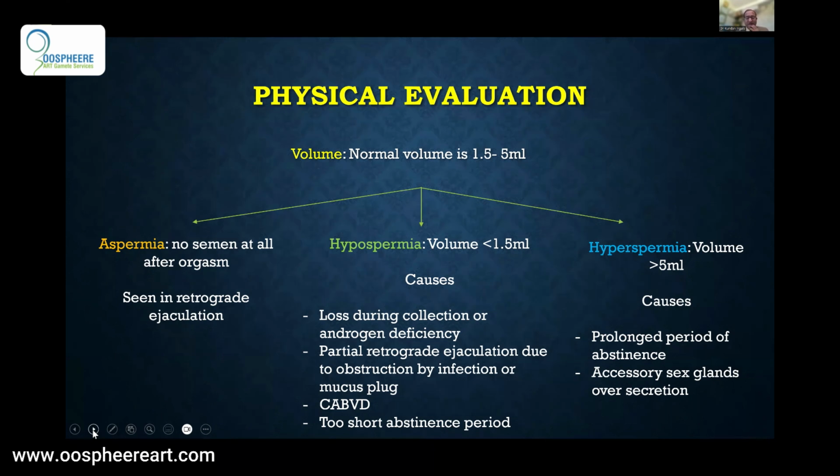The patient may not give that history of ejaculation within the last 48 hours, but you can try and elicit that history also, which is very important.